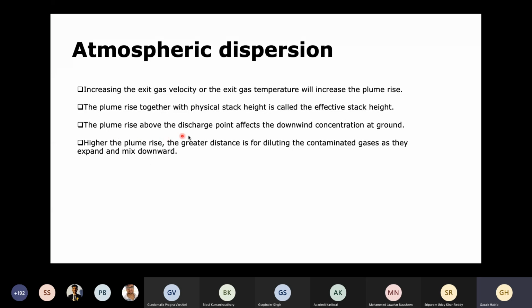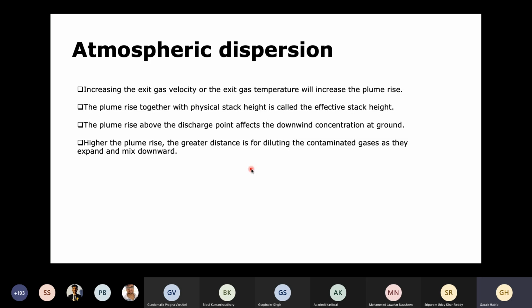The plume rise above the discharge point affects the downwind concentration at ground, right? So if the plume rise is high, say we consider two cases where a chimney height is, say, only 100 meter from the ground level, and I will give an example of a brick kiln.